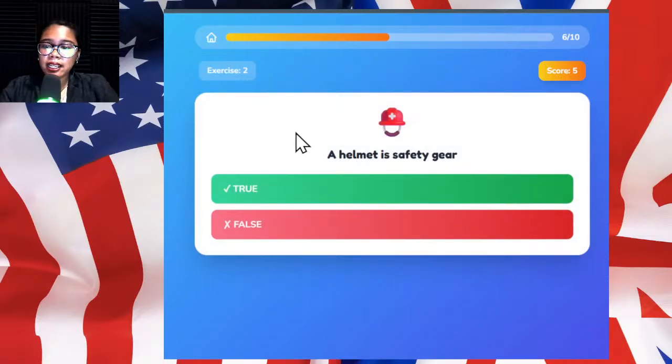Okay, well done. Next, a helmet is a safety gear. Okay, 30 seconds, go.